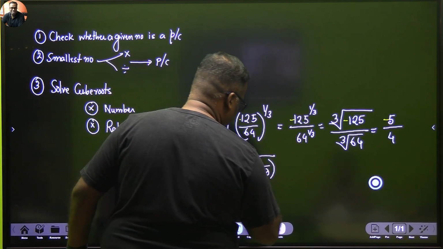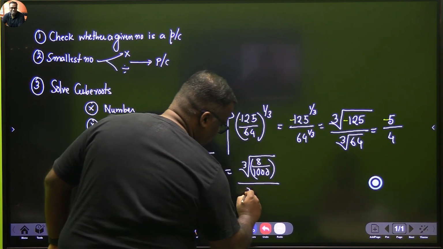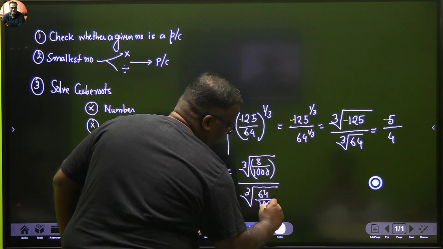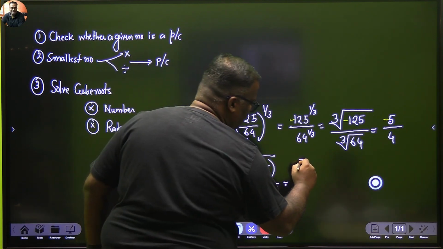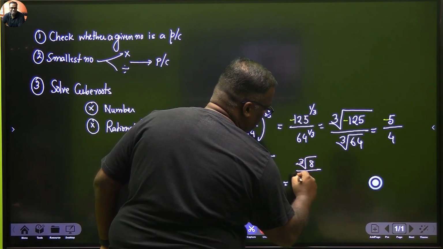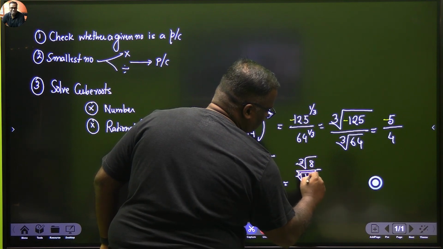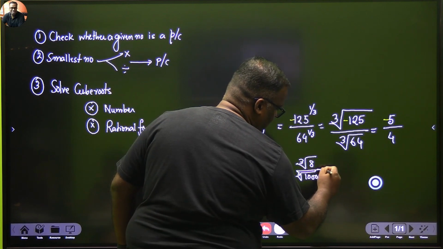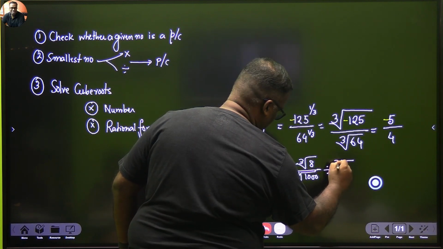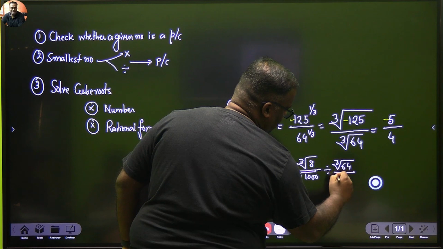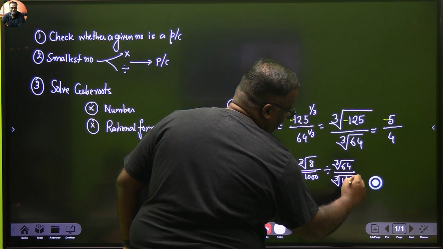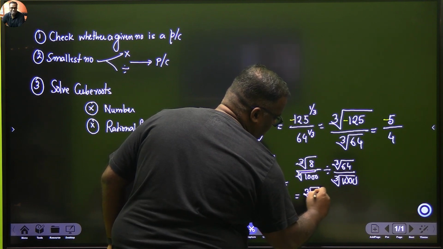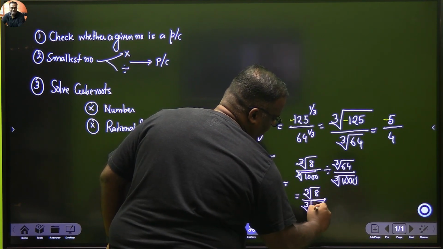And this thing is being divided by cube root of how much, beta? 64 divided by 1000. Now we can break it further. This is same as cube root of 8 upon cube root of 1000, divided by cube root of 64 by cube root of 1000.